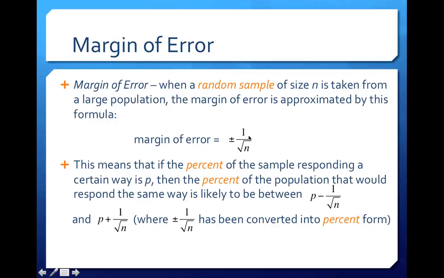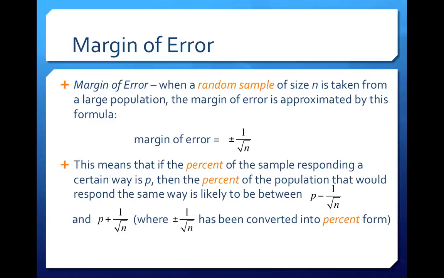So once we figure out this margin of error and change it to a percent, we subtract it from and add it to the percent of our sample to get the limits, or the range, within which the population probably would answer the same way.